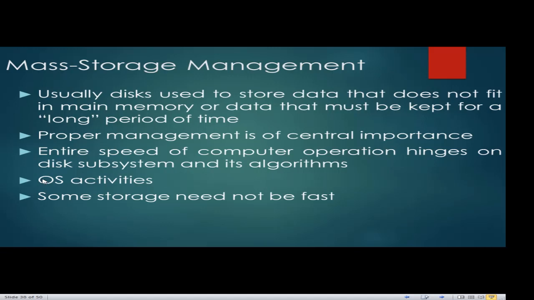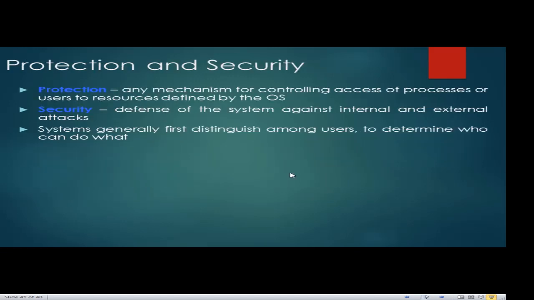So the entire speed of computer operation hinges on the disk subsystem and its algorithms. Protection and security. So protection talks about any mechanism for controlling access of processes or users to resources defined by the operating system.